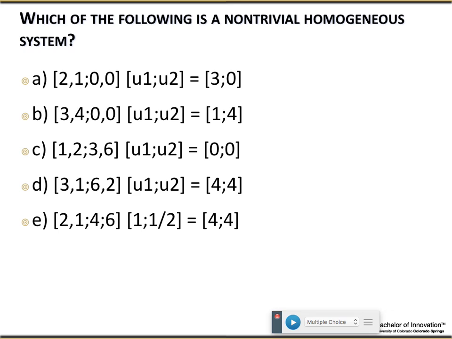So the last part is equal to 0. So anything of the form AX equals 0 is homogeneous. Homogeneous, think of the O there, right? That's what makes it a homogeneous system. So the O's give you a 0 there. So the answer is C.